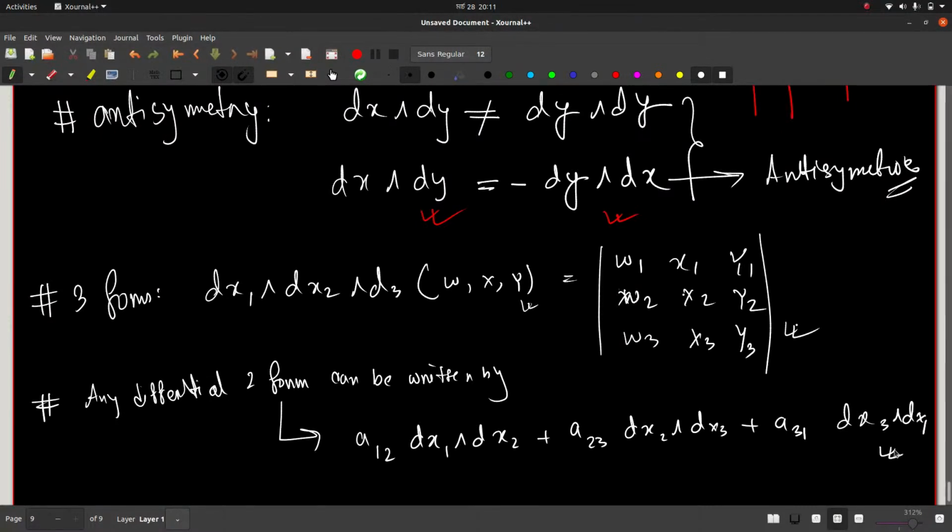You might ask, okay, what is happening with the other basis elements, that means dx2 wedge dx1 or dx3 wedge dx2, and so on? It's a very easy exercise to show that those things, with the antisymmetry property, can be absorbed into these coefficients.